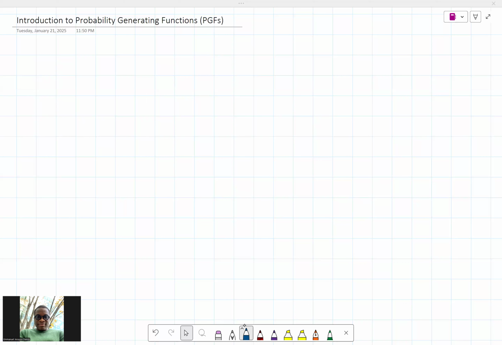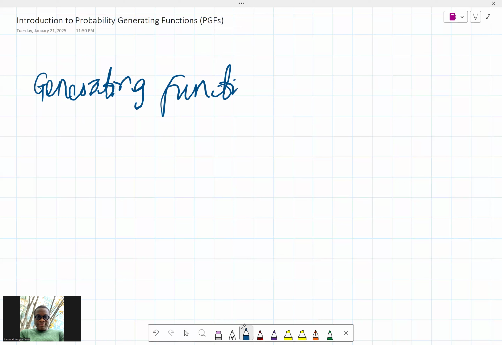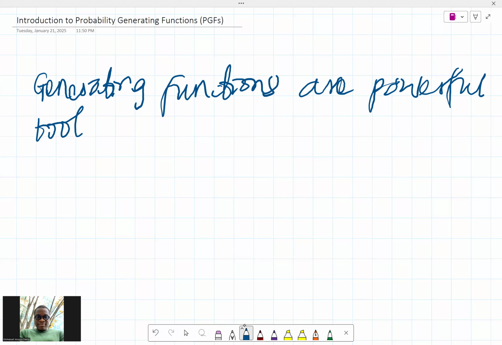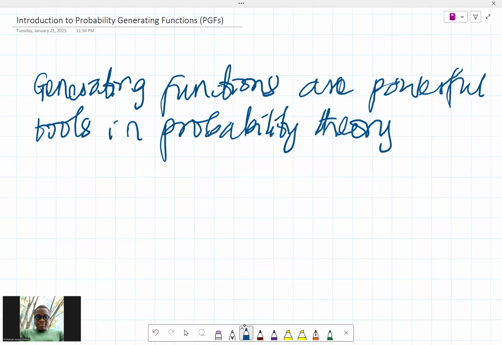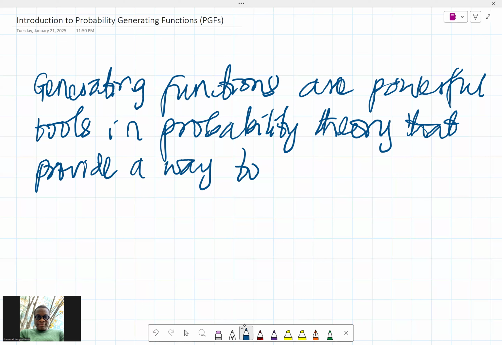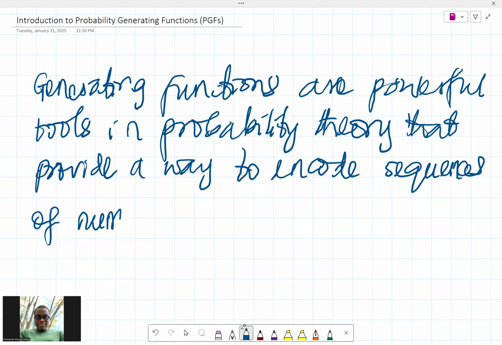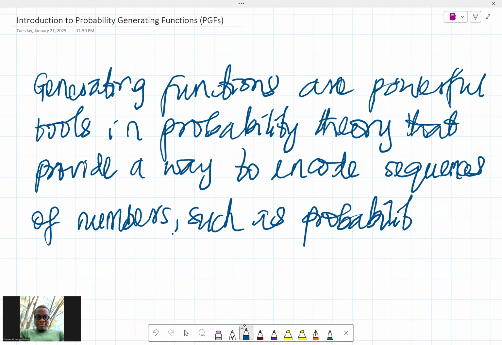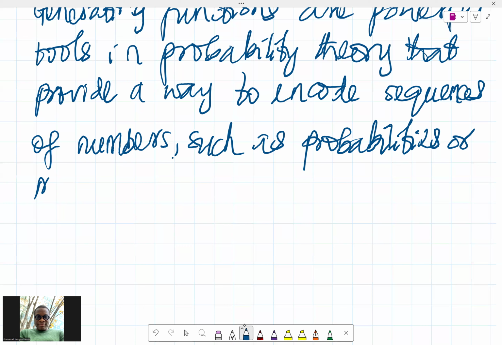Okay. So first of all, it is important to know that generating functions are powerful tools in probability theory that provide a way to encode sequences of numbers such as probabilities or moments into functions.